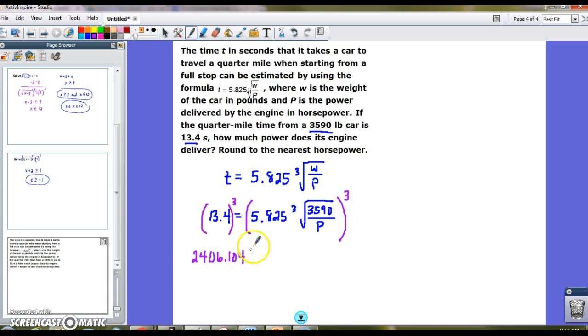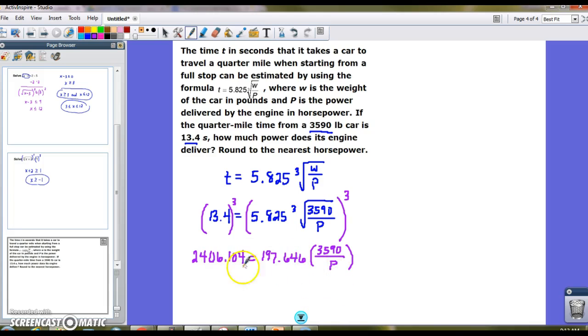I'm going out to the thousands place because eventually I'll round at the end, but I want to make sure I have enough decimal places here. Remember, you have to cube the 5.825, okay, as well. So when I cube that, I end up with 197.646. And when I cube the radical, I just end up with what's under the radical, which was 3590 over P.